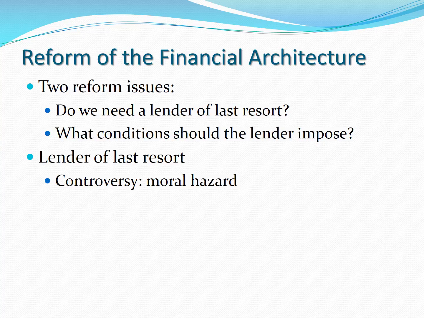So knowing a lender of last resort is there will cause you to take more risk. Some things that are associated with this are the idea of quotas. So we try and get people to have a stake in the IMF, put some of their own money down. So that's what a quota is. In order to be a member of the IMF, in order to receive any loans from the IMF, you have to buy into it.